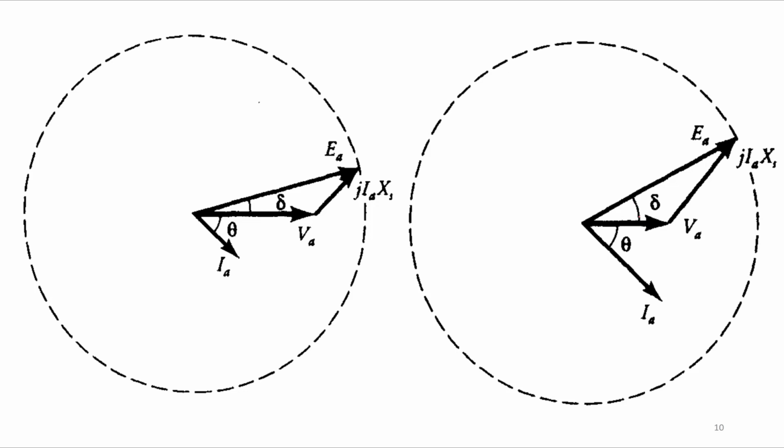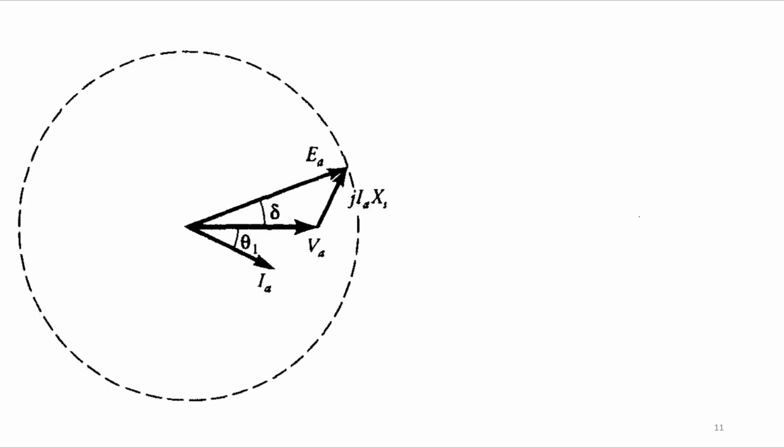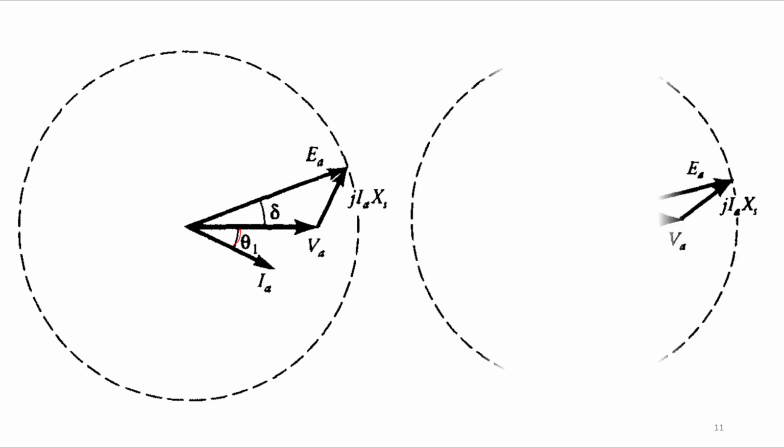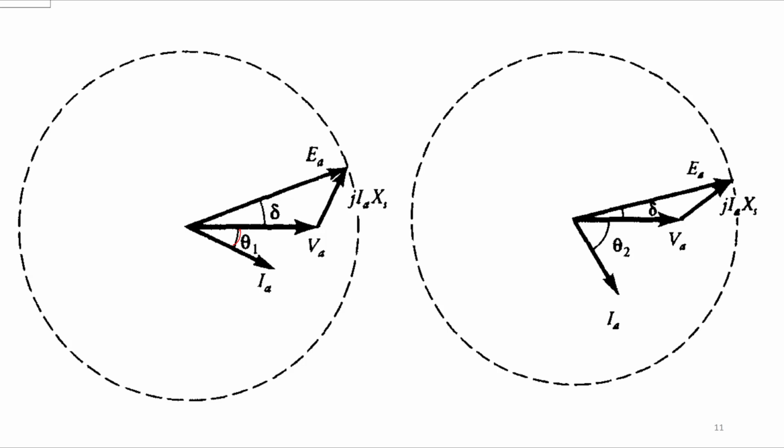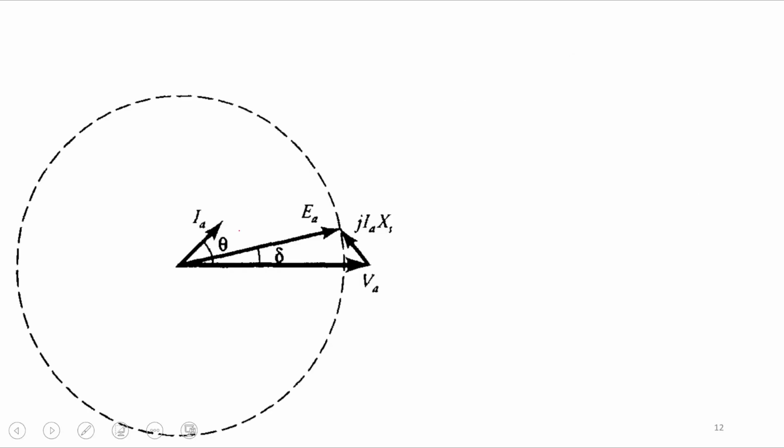But if your theta, or power factor angle, increases, you can see here that your delta will decrease, right? But the magnitude of the terminal voltage, of course, will decrease for both cases. Similarly, for the leading power factor, the terminal voltage will increase when the current magnitude is increased.